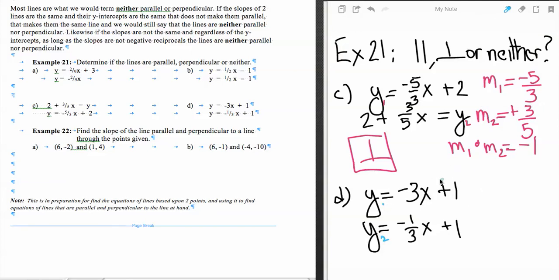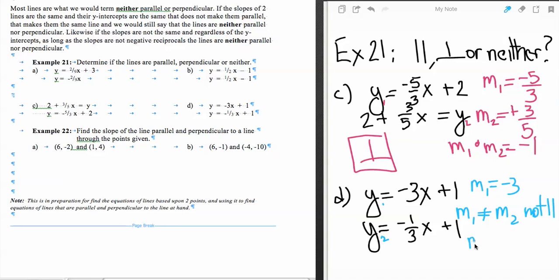And then finally, last but not least, we have our last example, and we're going to look at the slopes here. So the first thing I see is that slope 1 here is equal to -3. And so I'm going to go down and look at slope 2. Well, slope 1 doesn't equal slope 2, so that means they're not going to be parallel. So now I'm going to see if they're negative reciprocals.